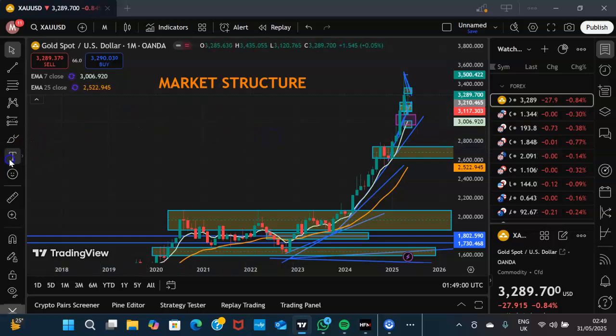Now, the first one which I'm going to be talking about is the uptrend. And how do we identify an uptrend? We identify an uptrend when you have price move in this manner. We have a low, and then we have a high, and then a new low, and then a new high, and then a new low, and then a new high.